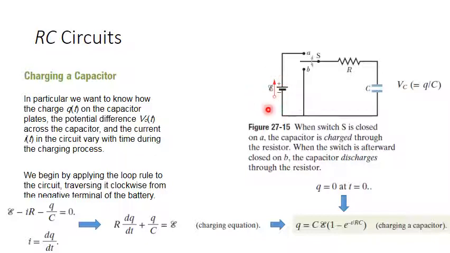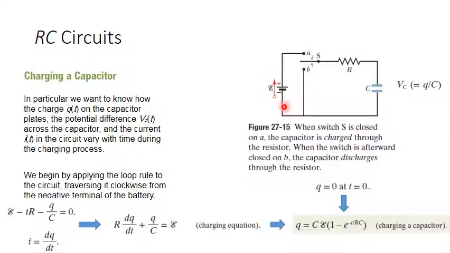Assuming that we have an ideal electromagnetic force device which has a potential E, and we have a switch, we connect the switch at the point A. So we have a loop between the resistor, the capacitor, and the EMF device.